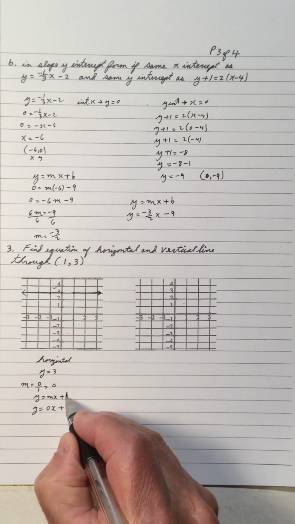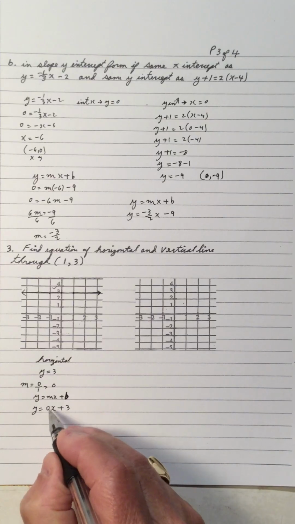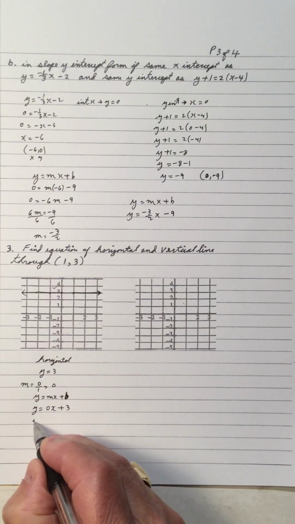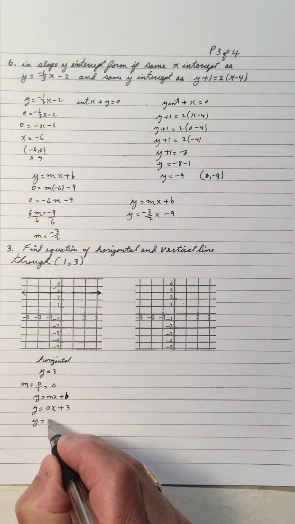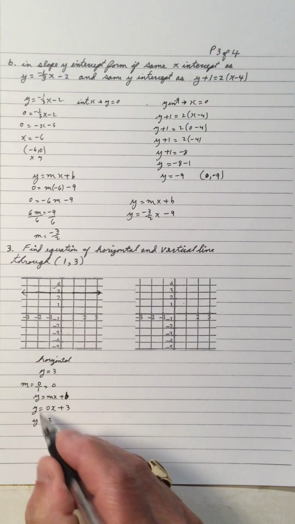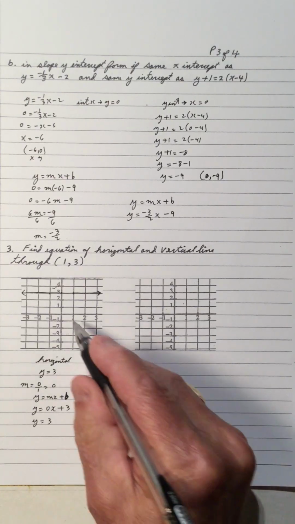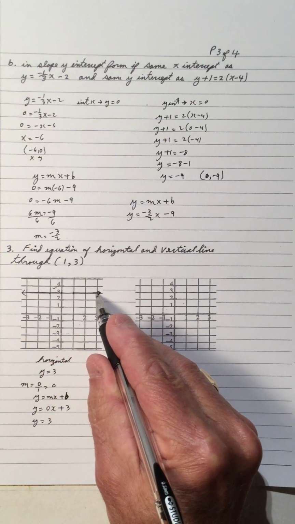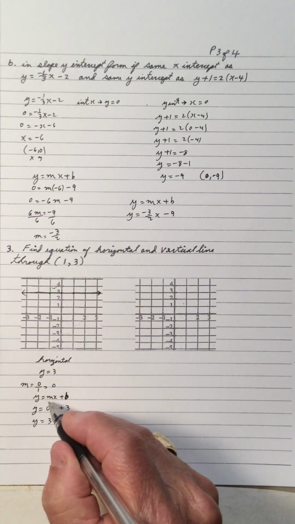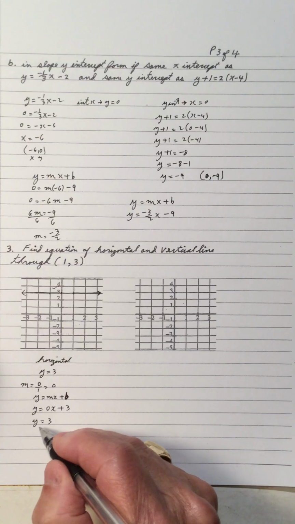Oh, sorry, let's make that a b there. Let's pretend we don't know what the y-intercept is. So the slope is 0, the y-intercept is 3. So 0x is the same as 0. So we have y. That's another way to get the equation, because the slope of the horizontal line is 0. And we plug that into y equals mx plus b. We come up with y equals 3.